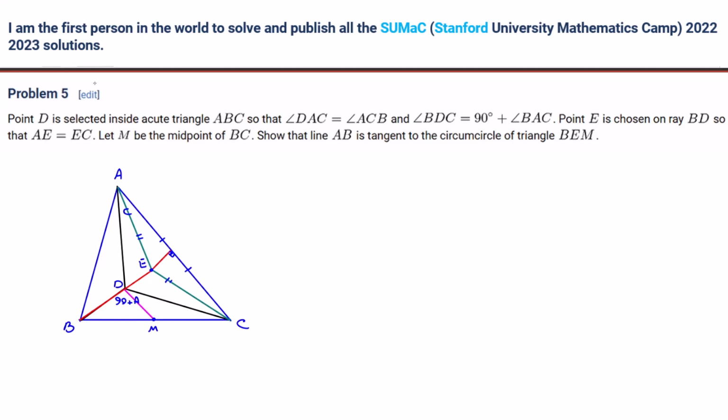Okay, and let's extend this. If you want to prove that this line is tangent to the circumcircle of triangle BEM, what should we prove? The circumcircle of BEM. So let me write BEM.